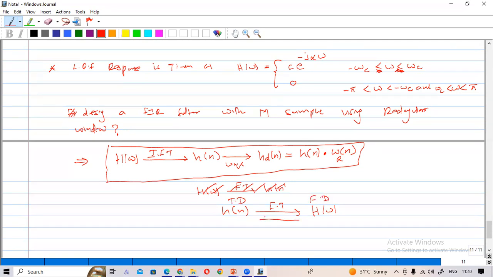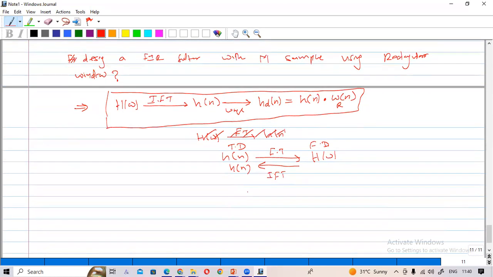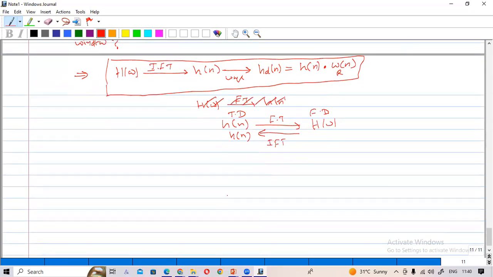Now, if you apply the inverse Fourier transform to this H(ω), using this frequency domain signal, you can get h(n). That is what we call a Fourier transform pair. So you have to use the inverse Fourier transform of H(ω), and then you will get the time domain signal back.